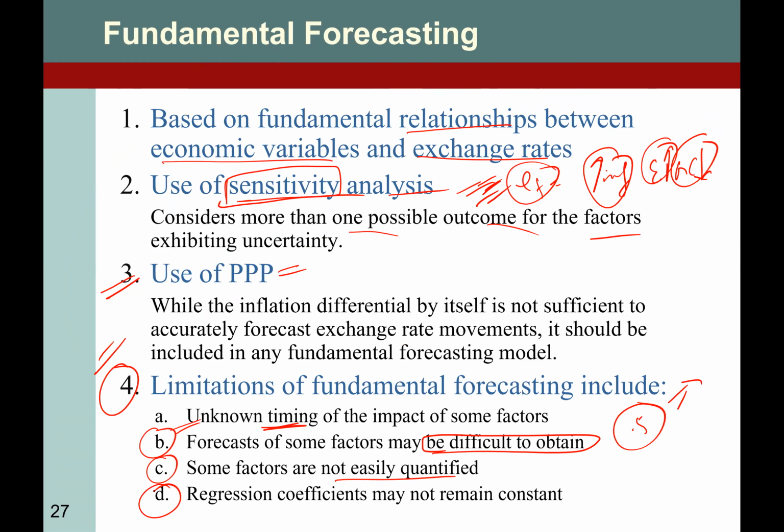Number 3, regression coefficients may not remain the same. It is a mathematical term. It says that the relationship, for example, we run the simulation about the American president, and we find out that whenever there is an election, the currency will be up or down by a factor of 0.05, 5% up or down.